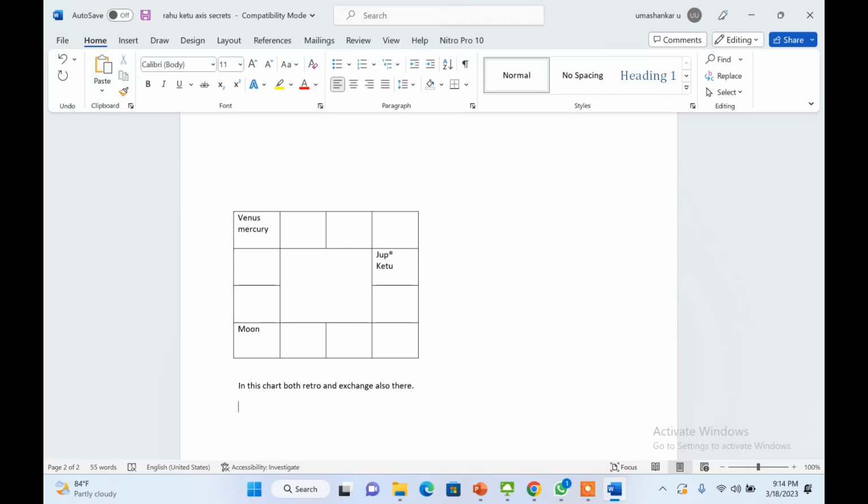So how will you go about this chart? Will you take retro first or exchange first?